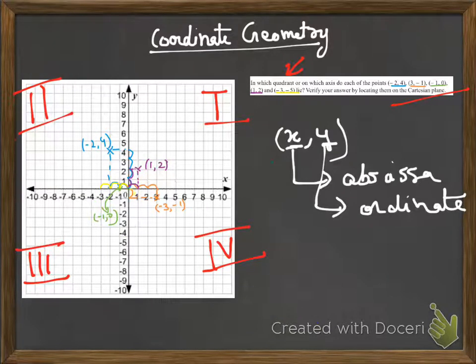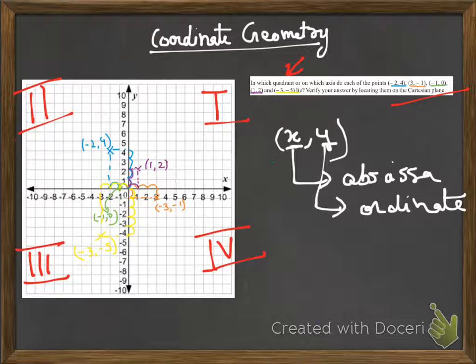We go -1, -2, -3, -4, -5. So the point that we get is (-3, -5), and that's the final point that we have to plot.